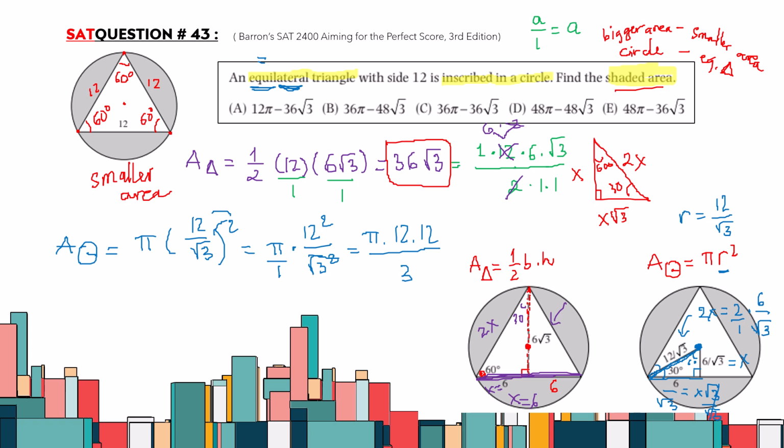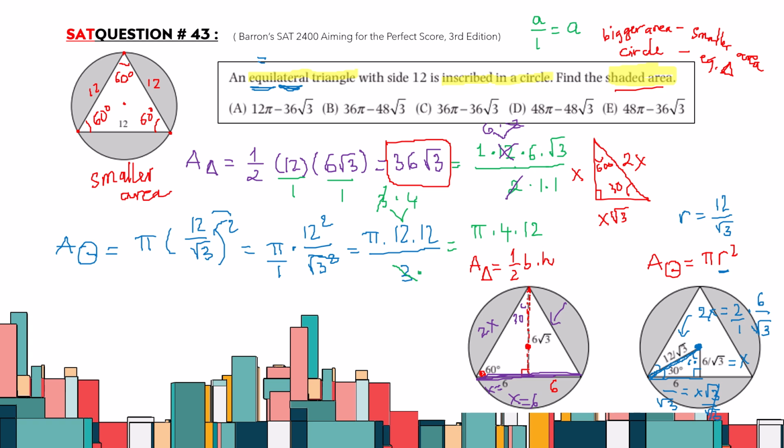So instead of doing the multiplication 12 times 12 is 144 times pi divided by 3, I will just split this one into 3 times 4. Then you have 1 factor of 3, 1 factor of 3 we cancel. Then what we have is pi times 4 times 12, and that's easier to calculate.